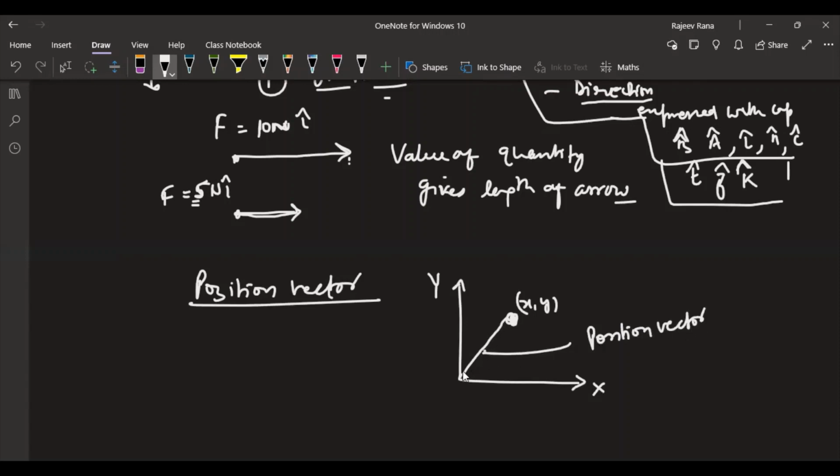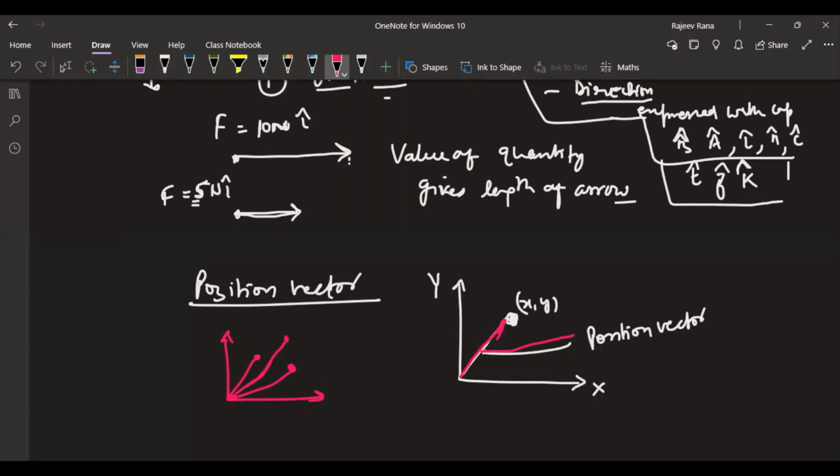The red line I am just indicating is a position vector. If the object is here, the position vector is this. If the object is here, the position vector is this.